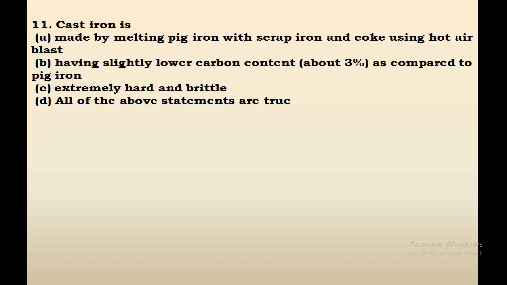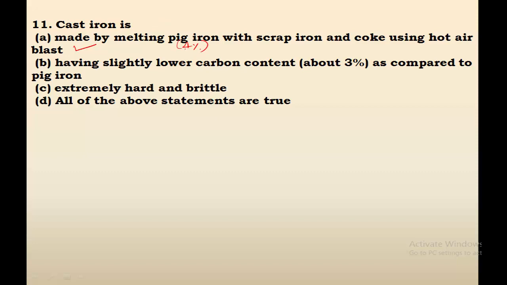The 11th one, cast iron is made by melting pig iron with scrap iron and coke using hot air blast. Yes, this one is right. After obtaining pig iron, it consists of 4% of carbon.